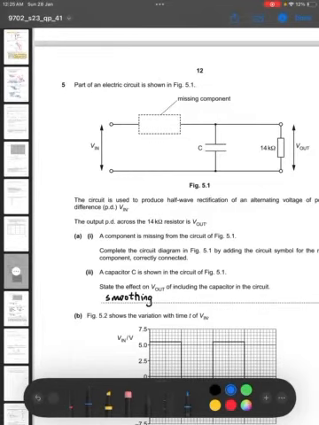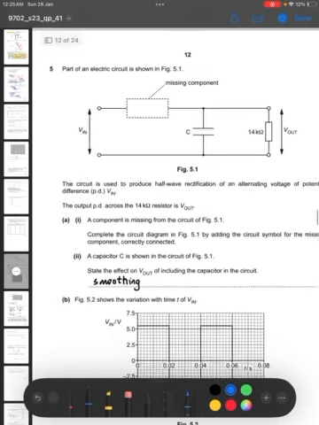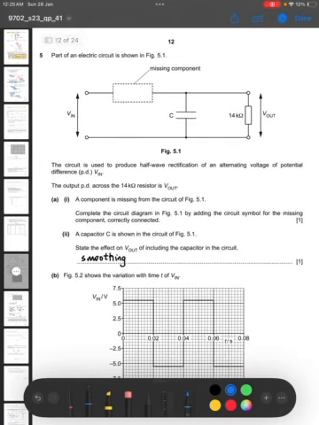Question number 5. Part of an electric circuit is shown in Fig 5.1. The circuit is used to produce half-wave rectification of an alternating voltage of potential difference PD Vin. So the voltage labeled Vin applied across these two terminals is the input voltage Vin.